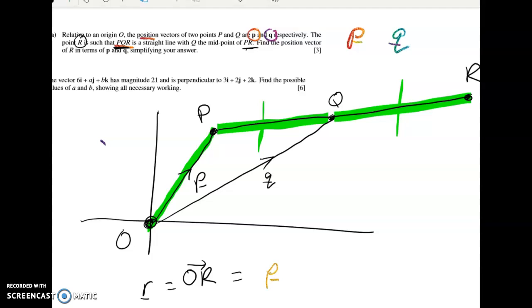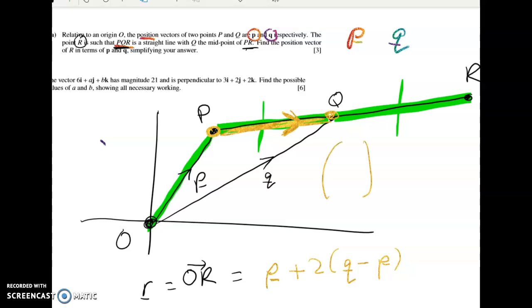It's position vector P plus 2 lots of the vector PQ. But we know that that vector is the position vector of Q minus the position vector of P, right? Because that's how the vector from P to Q works. If I want to get from P to Q, suppose I had the numbers for those position vectors.